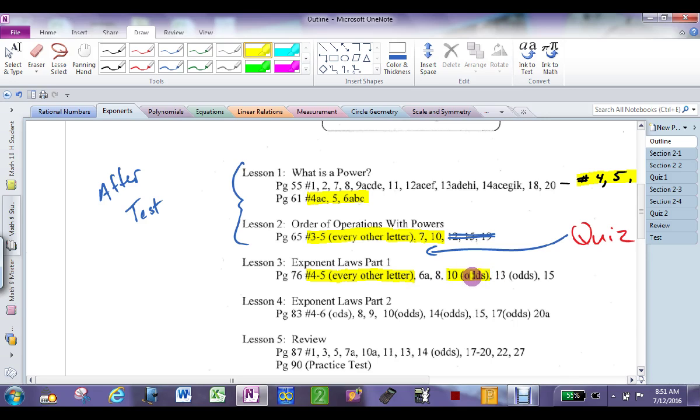Pay real close attention to the instructions for number 10. Every other letter means, yeah, A, C, E. That's where I'm going to stop you.